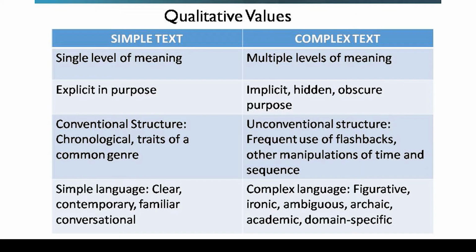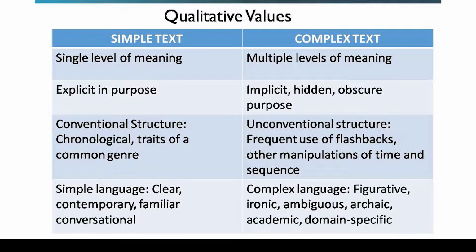So we have to look at what we mean by qualitative values. This includes meaning, structure, language, and knowledge. When we speak of meaning, there might be layers of meaning within the text, okay?